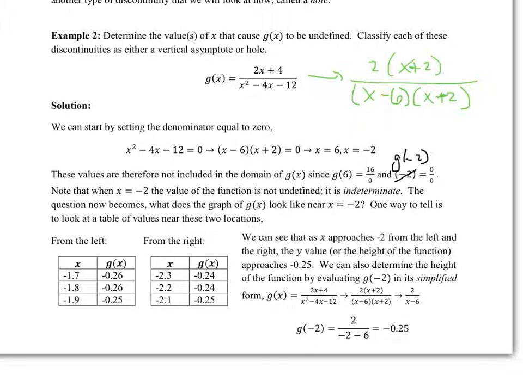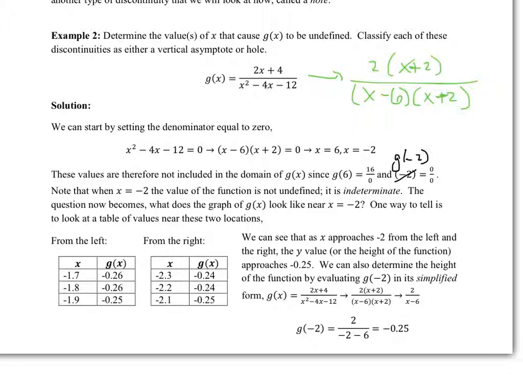Either we take a table approach, and what we'll notice is, look, as we get closer to -2, this becomes around -1/4. So -1/4 seems like the y value is going to be there. But again, I can't just plug -2 in, because I can't get a y value by plugging it in up there.